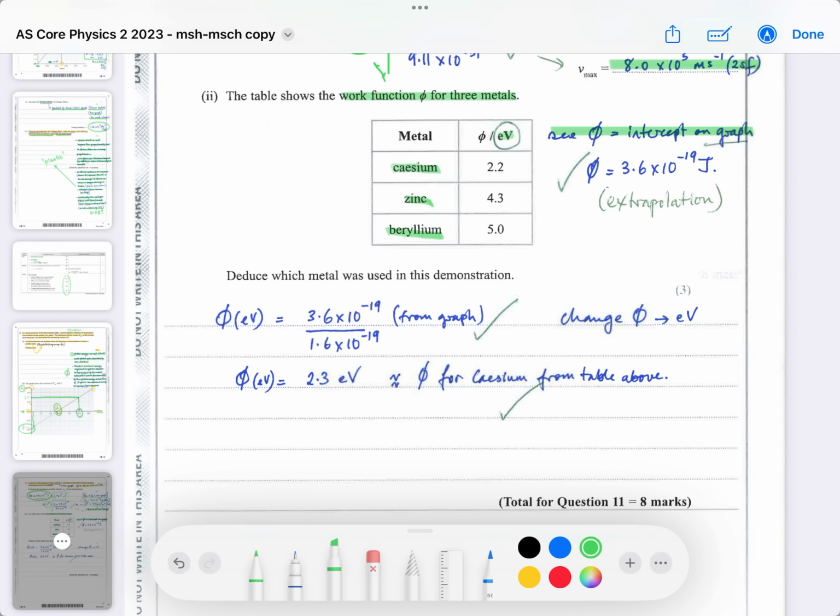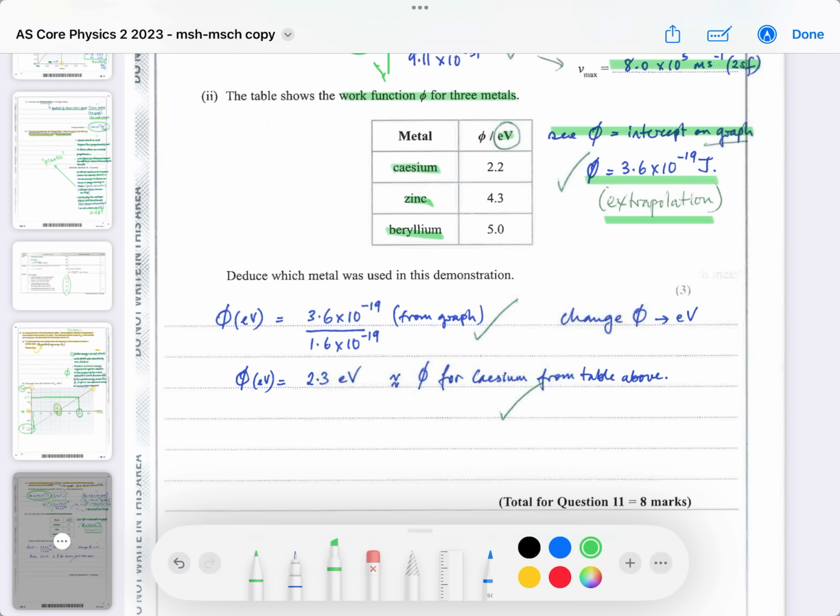And the work function from the graph, using my extrapolation, which means continue the line to the end of the graph, whichever direction you want to go in, allows you to determine the value just from the intercept. And there are other ways of calculating it. This is the simplest way.